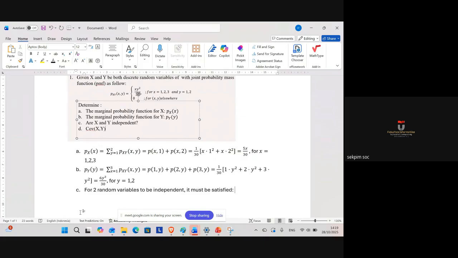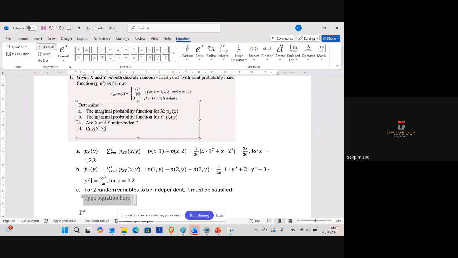So I can write like this: p xy exactly equal to this one times this one.